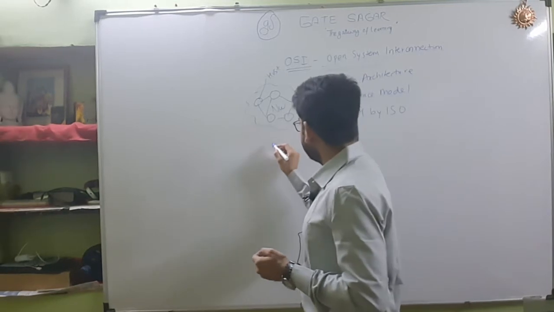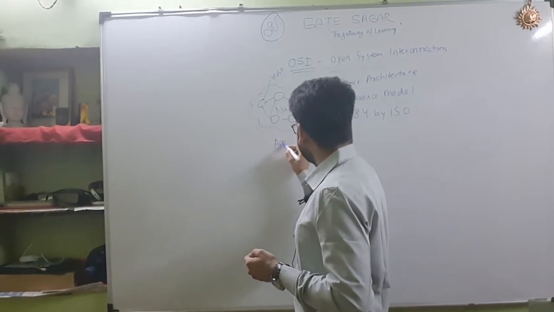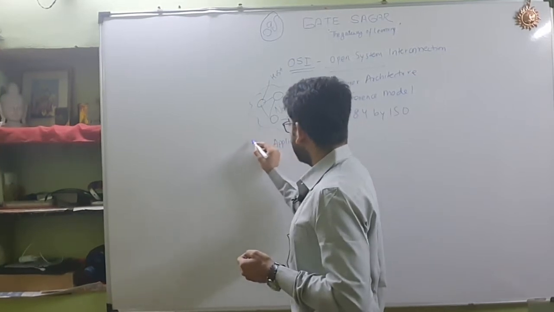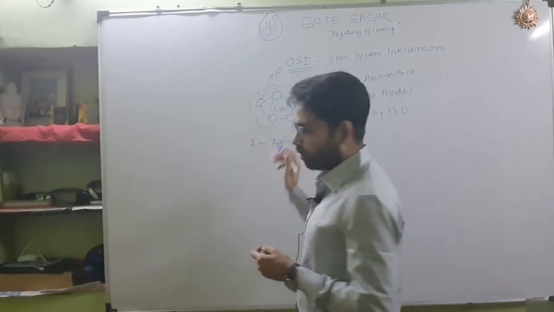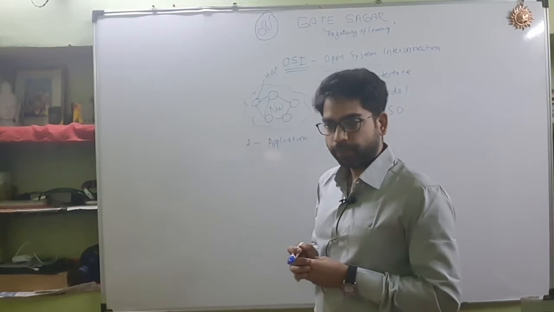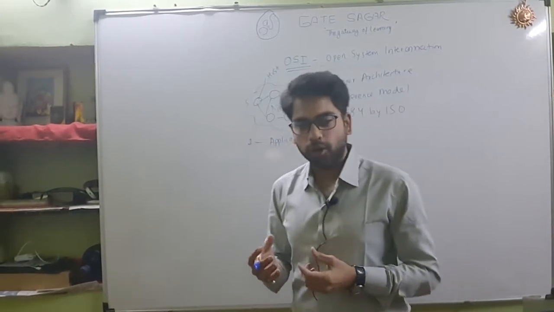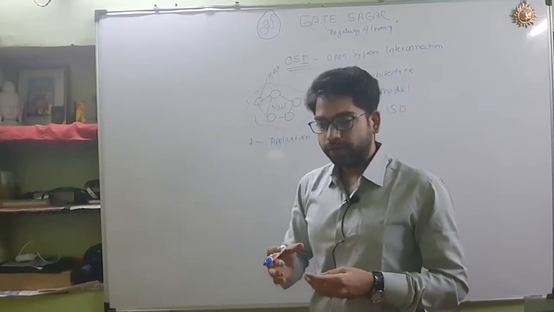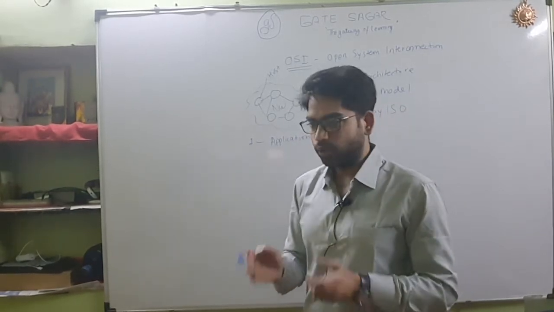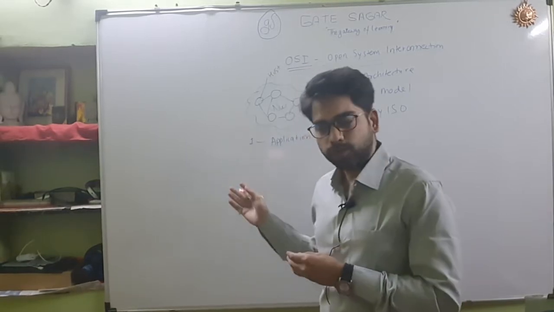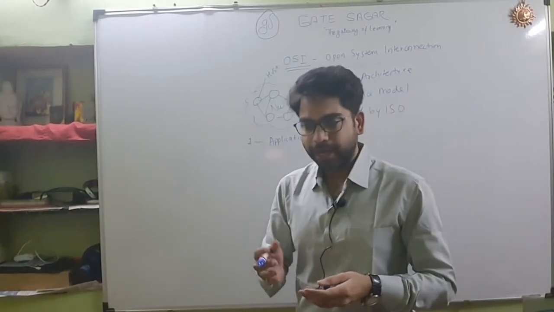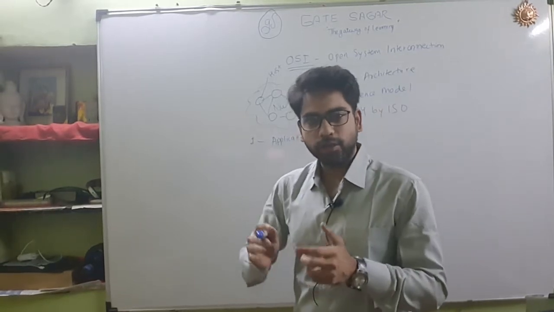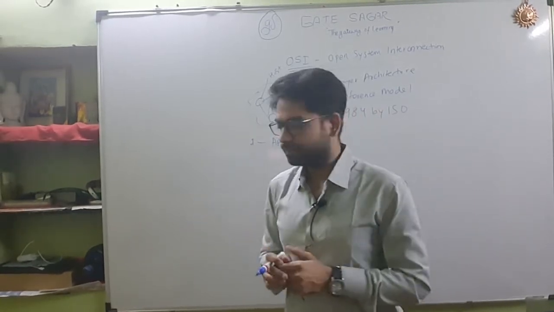Basically the first term that comes is application, the topmost layer of this OSI model. As I said, this is a conceptual model, so there is no physical existence of this model. We only refer to it to understand. With the help of this model you can understand how real communication works in this whole world.